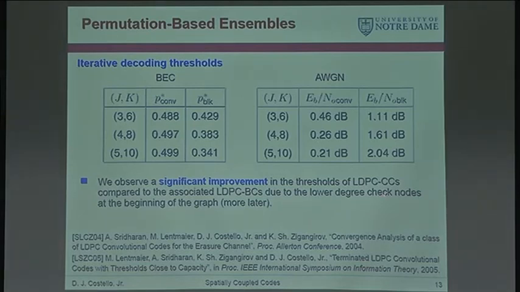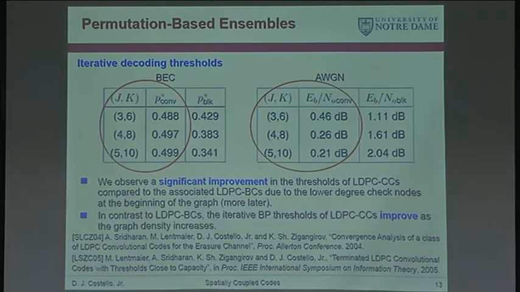And the reason for that essentially is the lower degree check nodes at the beginning of the graph. We'll look at that in a different way when we discuss this more modern view of these codes in the next class. It is a little different from what you see for block codes. What is the reason for that? That's the next bullet.